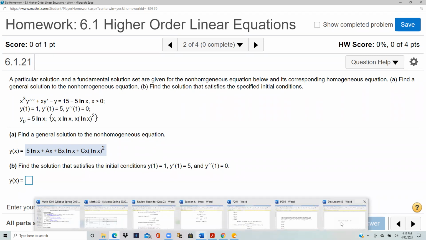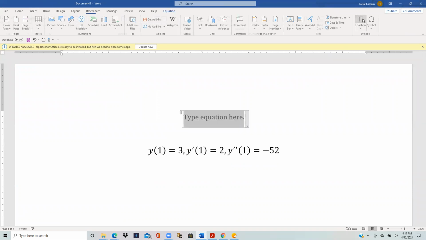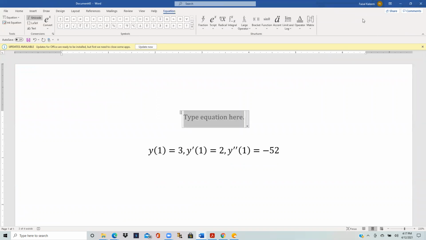So y is equal to 5 ln x plus ax plus b x ln x plus c x ln x whole square.